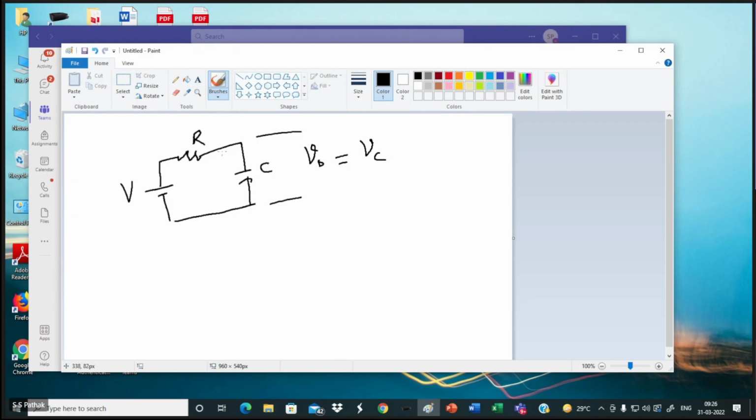And at a certain time, the sweep duration Ts, or you can say at T equal to NTs, the switch closes.